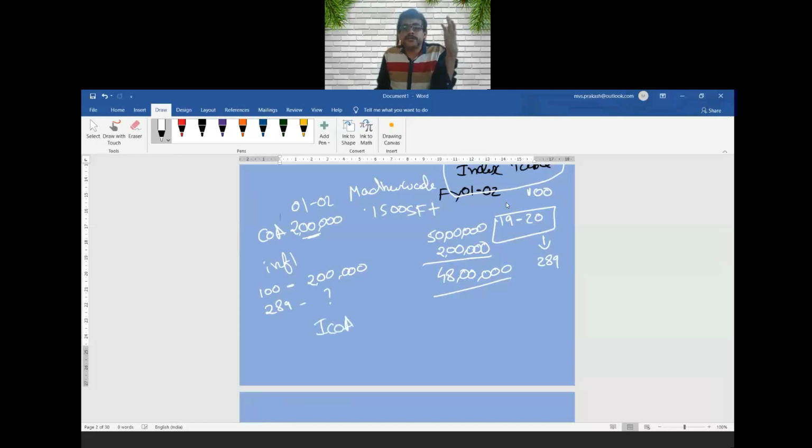So what we are trying to calculate is 2 lakhs into 289 divided by 100. Cross multiply: if for 100 it is 2 lakhs, then for 289 how much? 289 into 2 lakhs divided by 100 will give you the value. I don't have the calculator with me, so I want someone to say the answer. How much is 2 lakhs into 289 divided by 100?